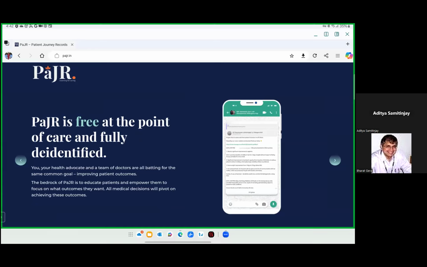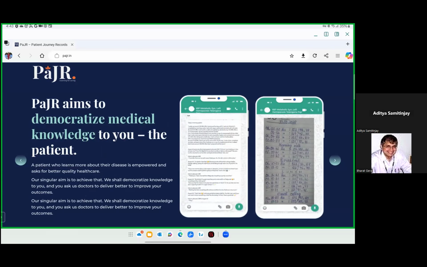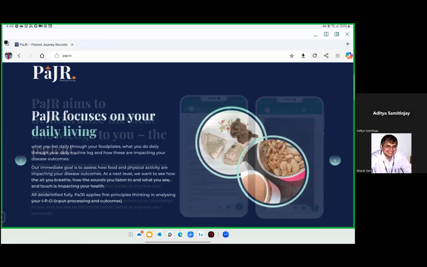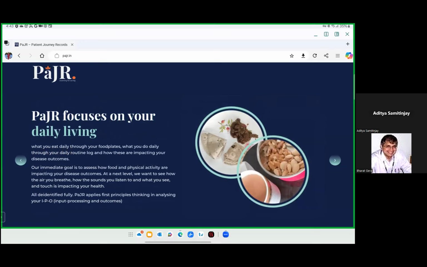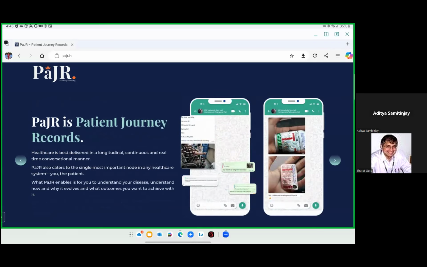We wanted to study why patients do what they do and why they have diseases. What we discovered is that they simply lack the medical knowledge, which is paywalled behind journals. It's not simply open access. And when you don't have access to knowledge, you're not armed with enough education to lead your own outcomes.